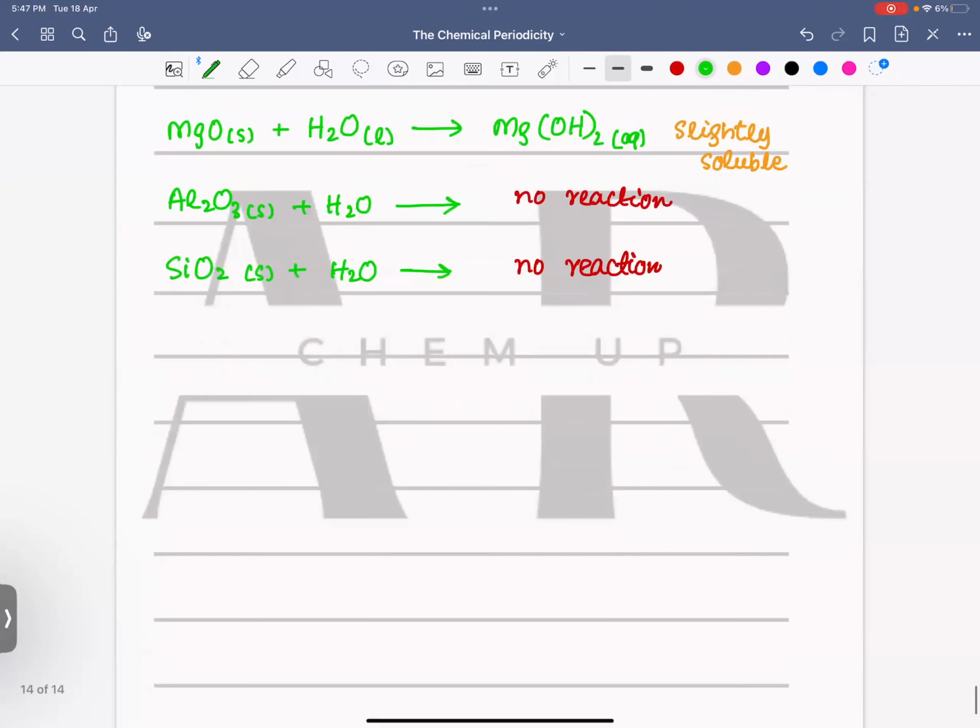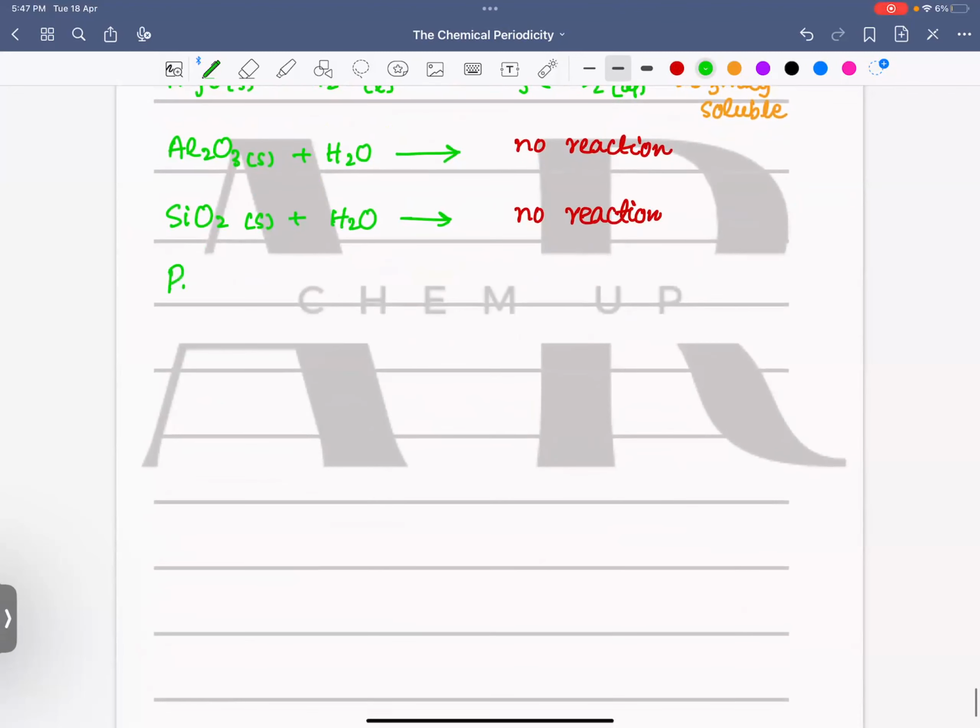Now, the next oxide we have is P4O10. That is a simple molecular, right? So here, what would happen? Phosphoric acid would form, H3PO4. To balance this equation, I have to put 4 over here, and I have to put 6 over here.